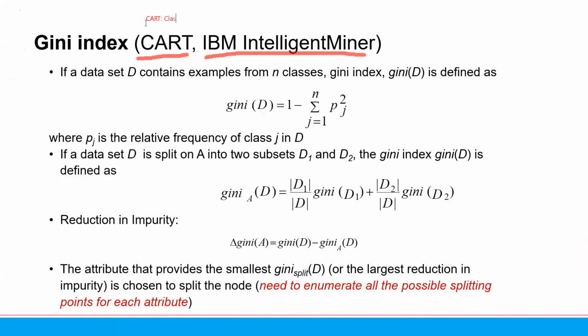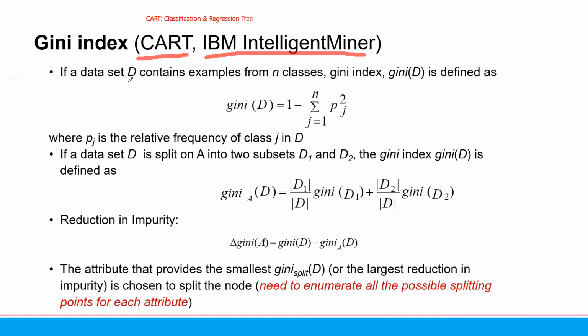If we use the classification tree, means the target is the categorical data. If we use regression tree, means the target is continuous data.